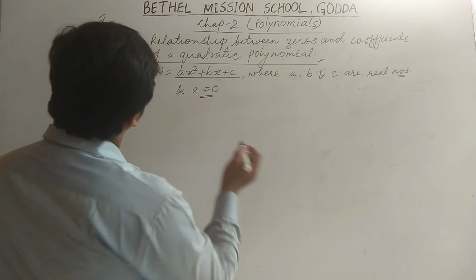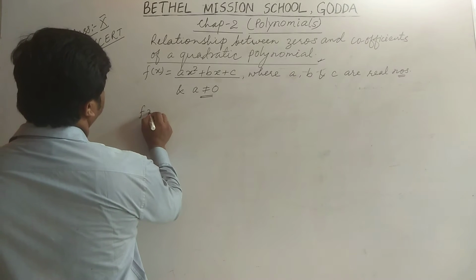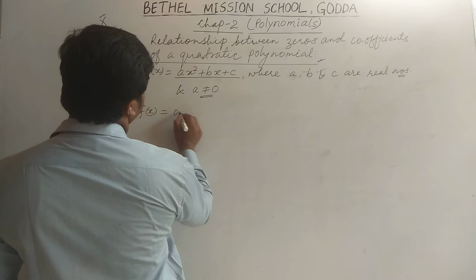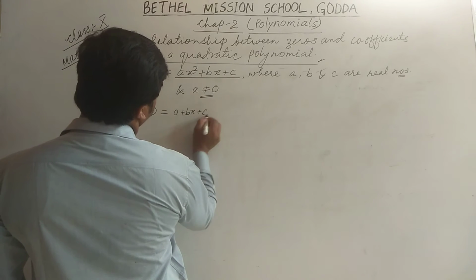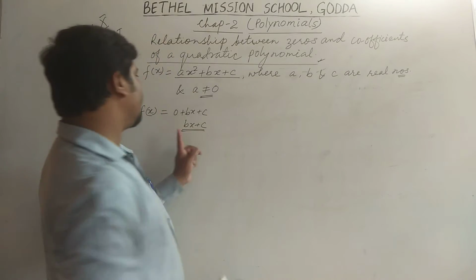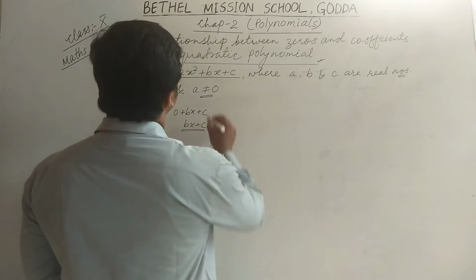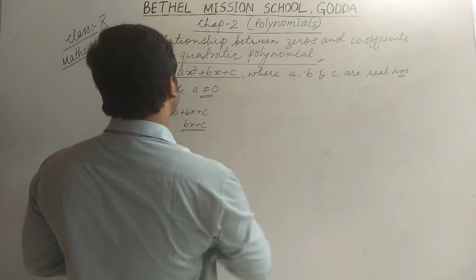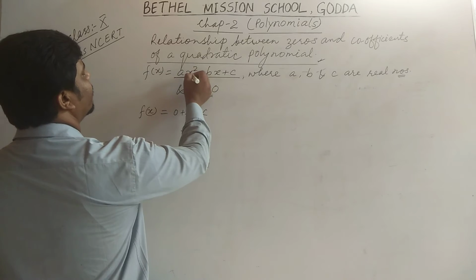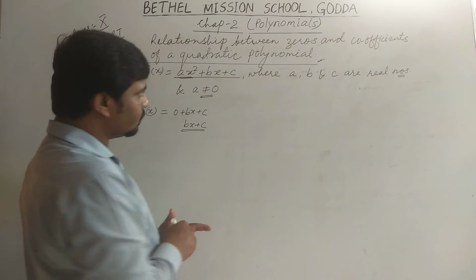If a is 0, then the polynomial will be 0 plus bx plus c, finally bx plus c. And you know that bx plus c is the linear polynomial. It means b and c can be 0, but the term with the square, that term should not be 0.